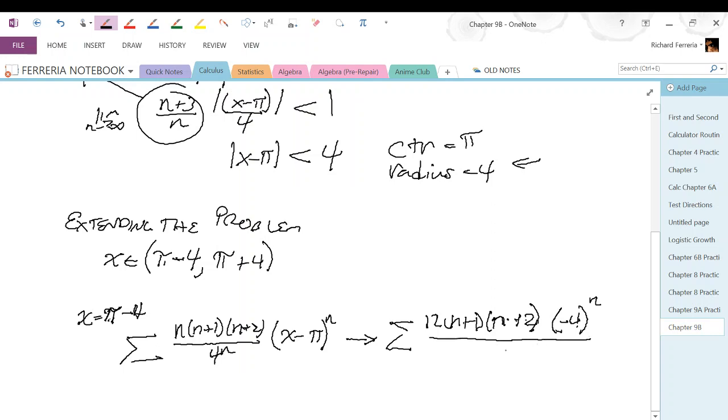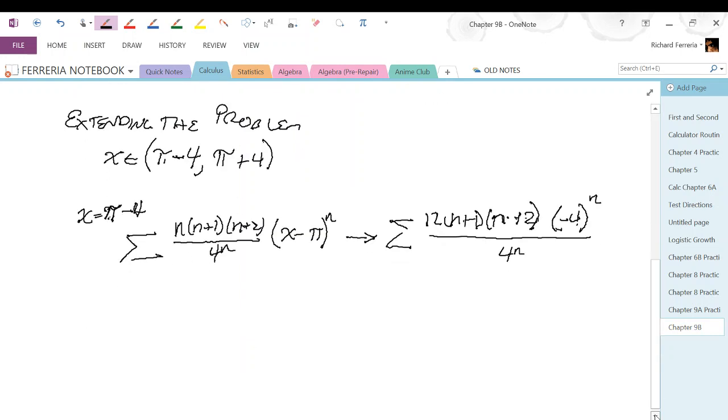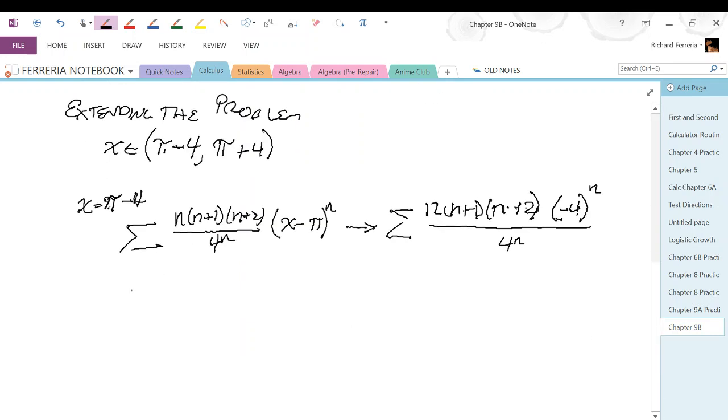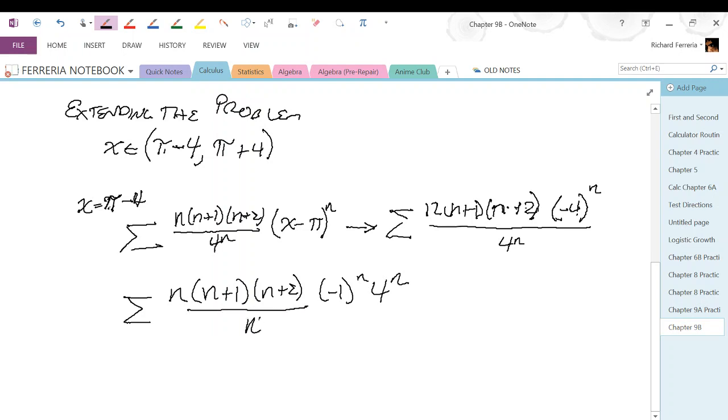Okay, so now it works better if I use a light touch on the pen. I think we've seen enough of these now where we know that, well, I got to get past all this stuff. n plus 1, n plus 2, but then this is negative 1 to the n, 4 to the n, on top of 4 to the n.